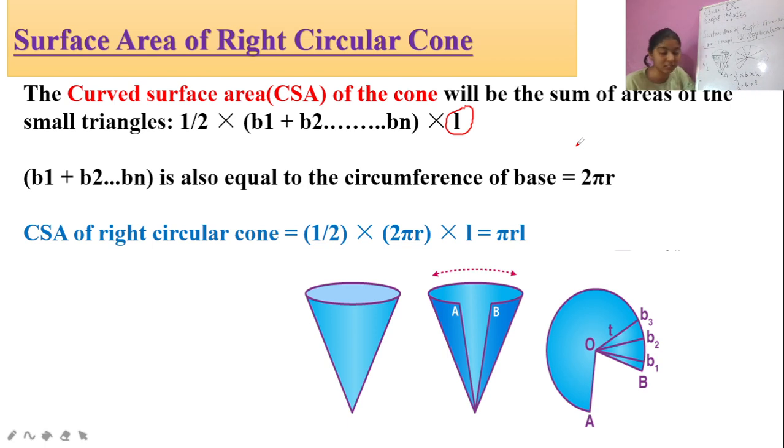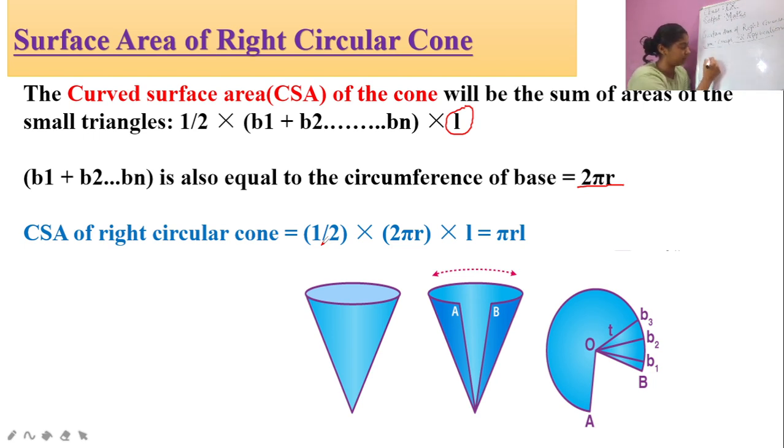We know that the circumference of the base, that is a circle, is 2 pi r. So we will calculate with the help of this. That's why we get the circular part as 2 pi r. So you just multiply by half. Let me tell you how it comes out.